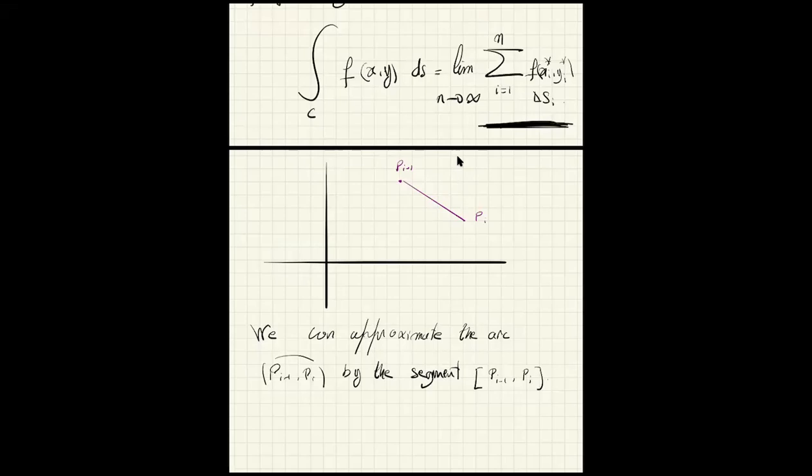Here we have x_i, and here we have x_{i-1}. Here we have y_i, and here we have y_{i-1}. At time t_{i-1} we have two points, and at time t_i we have two points. Now, this is delta x, and this is delta y.